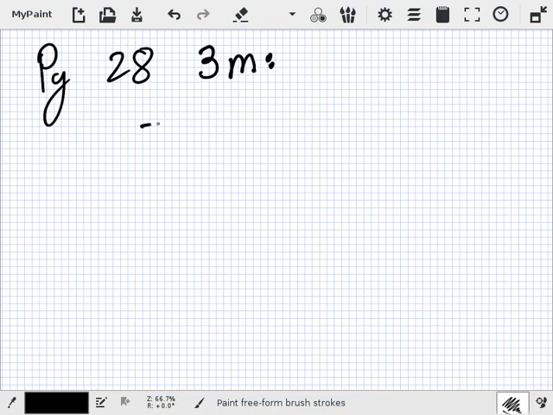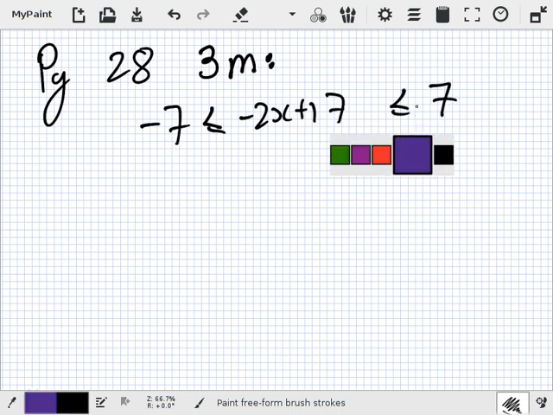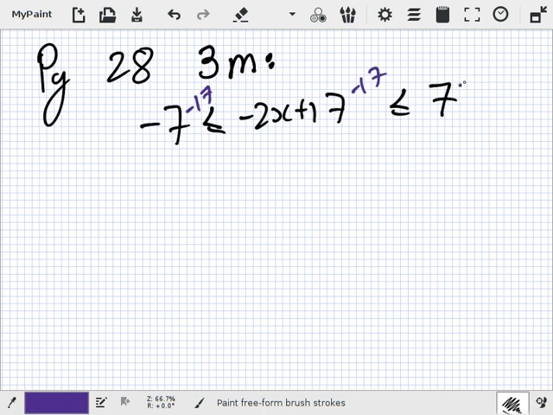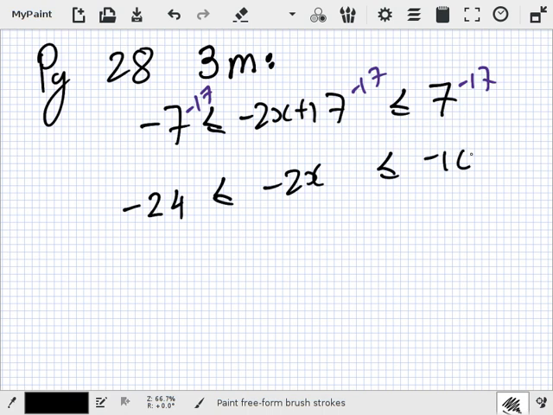Okay. Minus 7 less than or equal to minus 2x plus 17 less than or equal to 7. So what I'll do, I'll minus 17 on everything. So that's minus 24, minus 2x, minus 10. Now, what should I divide by now?